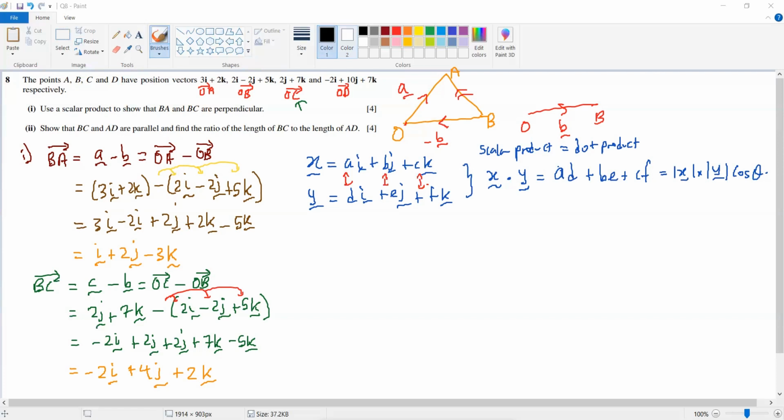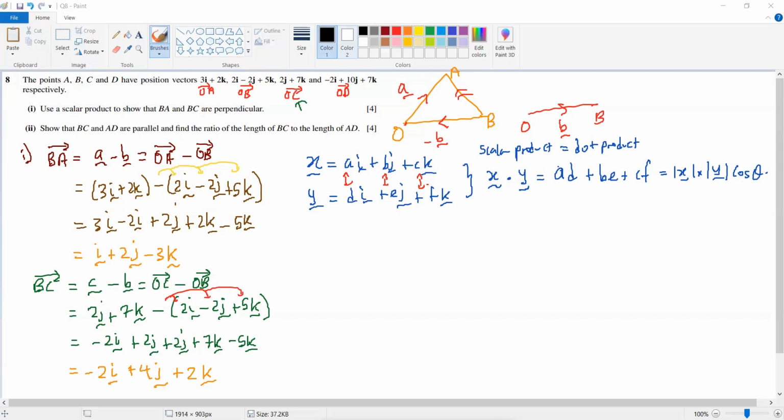So you notice that there's the IJK form and the modulus form of the dot product of two vectors. When they equate each other, if the angle is 90 degrees, the cos theta is zero.